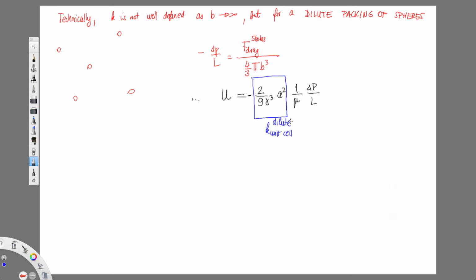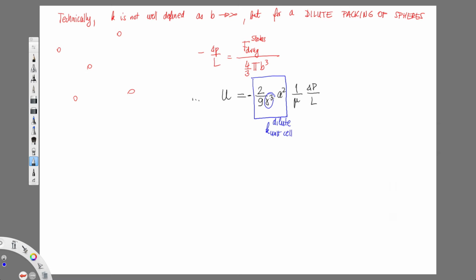And I have just shown you that it doesn't really work well in the range of porosities around 0.4. It actually doesn't really work well even away. I find the concentrated packing is an approximation, but it's a much simpler dependence. So this is 1 minus phi, right? So this is 1 minus porosity. So it's a much simpler function of porosity.